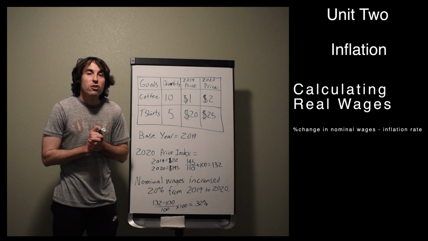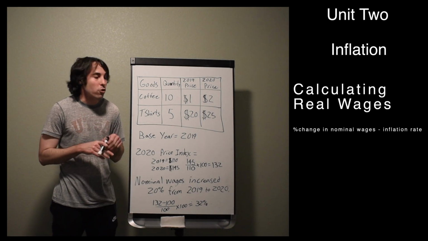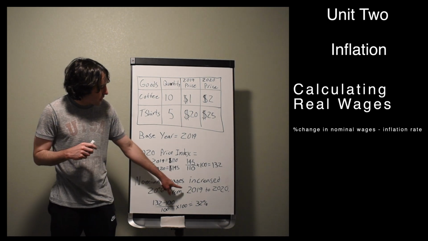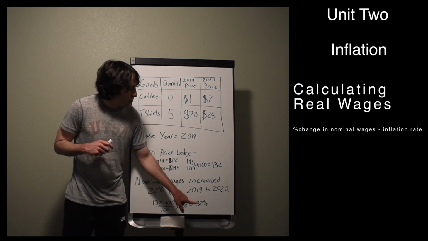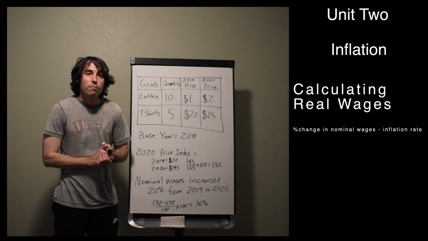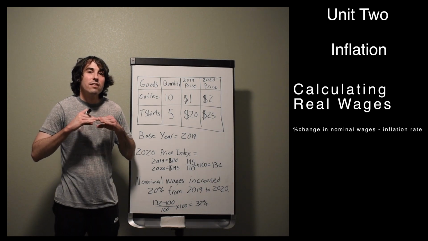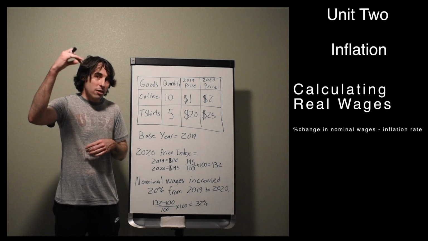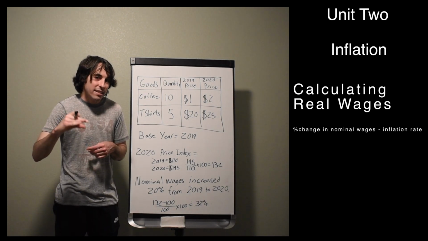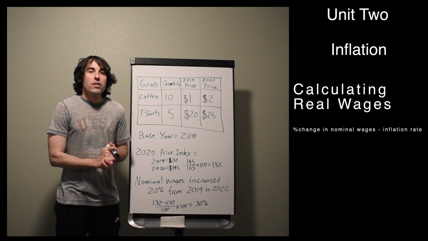So your real wages are actually 12% lower than they were last year. To find that, you would just take your increase in wages of 20%, subtract the increase in prices of 32%, and you end up with negative 12%. That is your decrease in real wages. So even though you're making more money, that increase in money actually buys you fewer things, and so you're worse off.